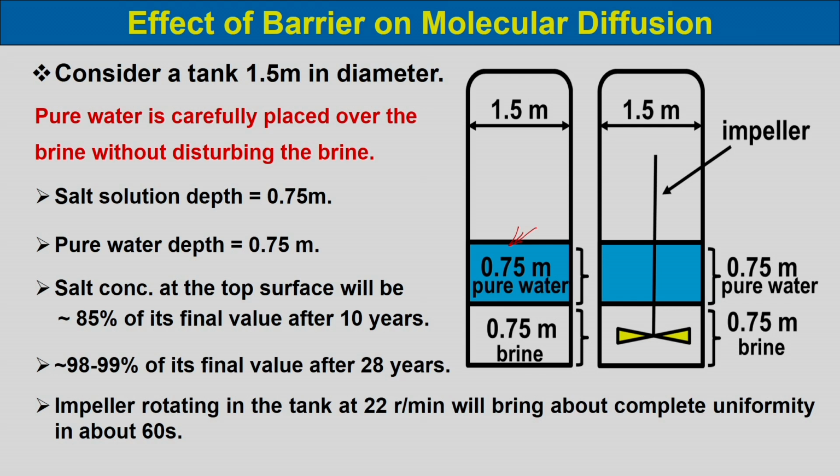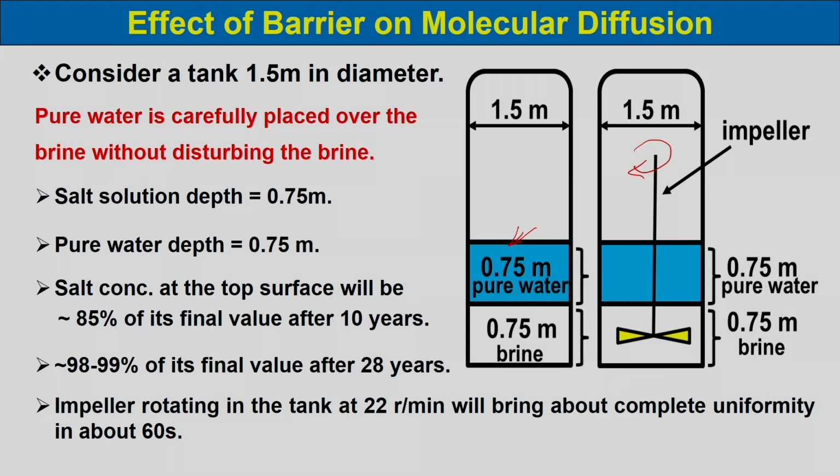Now, if we take an impeller arrangement, keep the same system in place and rotate the impeller at just about 20 rpm, this small revolution of the impeller will lead to complete uniformity in about 60 seconds.